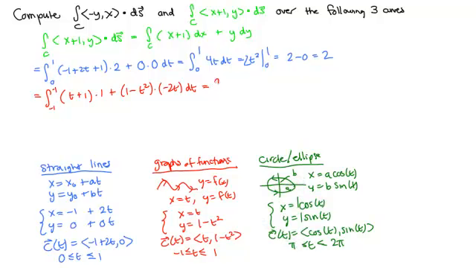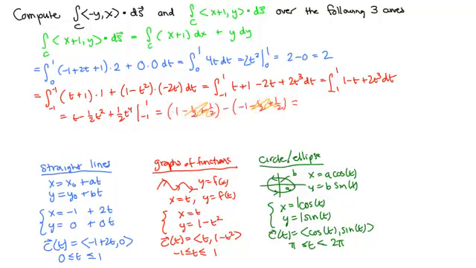So if we clean this up, this is the integral from minus 1 to 1 of t plus 1 minus 2t plus 2t cubed dt, or the integral from minus 1 to 1 of 1 minus t plus 2t cubed dt. That integrates to t minus 1/2 t squared plus 1/2 t to the 4th power, evaluated from minus 1 to 1, which is 2.